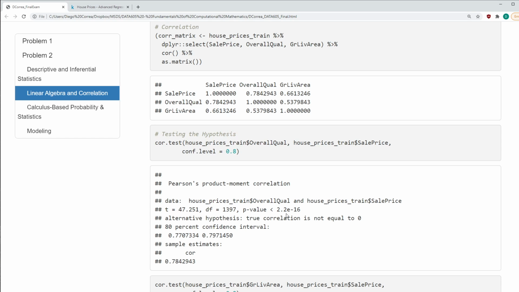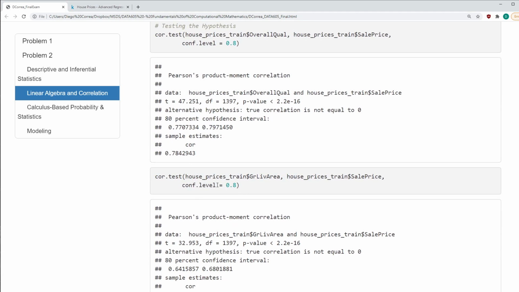The p-value is very small, so we reject the null hypothesis, and we're saying that they are related. The alternative hypothesis is true: correlation is not equal to 0. And for our population, we have an 80% confidence interval between 0.77 and 0.79.